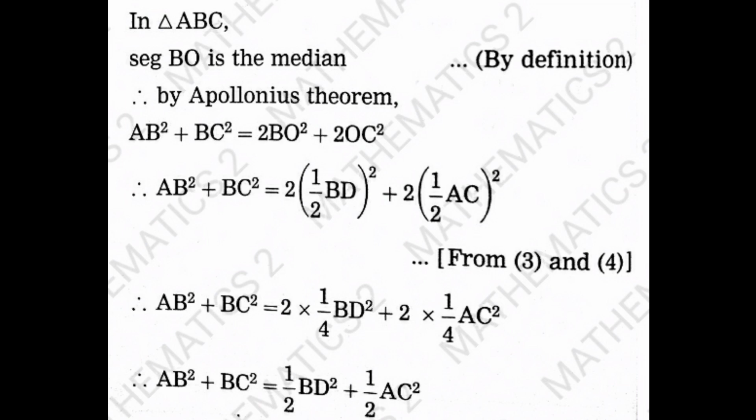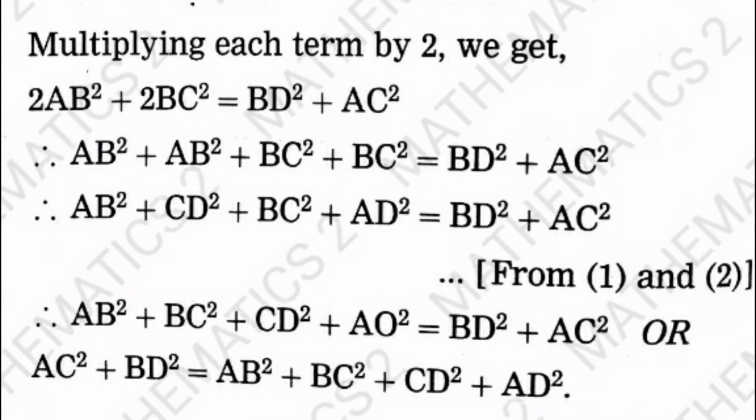So AB square plus BC square is equal to 2 into 1/4 of BD square plus 2 into 1/4 of AC square. So AB square plus BC square is equal to half of BD square plus half of AC square. So multiplying both the sides by 2, what I will get, 2AB square plus 2BC square is equal to BD square plus AC square.